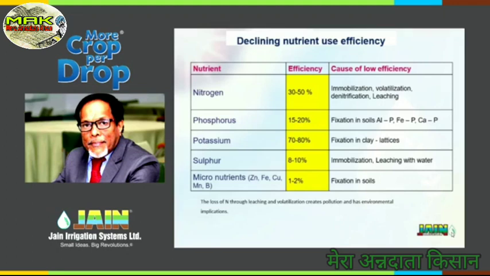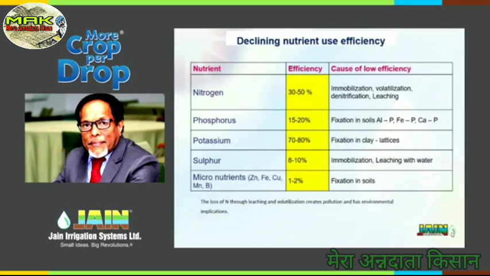Phosphorus is 15 to 20%. One of the main problems with phosphorus is that it gets fixed with the aluminum, iron, and calcium in the soil, chemically fixed. You cannot change it unless you go with a chemical reaction in the soil with acids, which you can't do in a crop field. Potassium is 70 to 80%. That's slightly better in terms of efficiency, but in clay soil it also gets into the clay lattices.